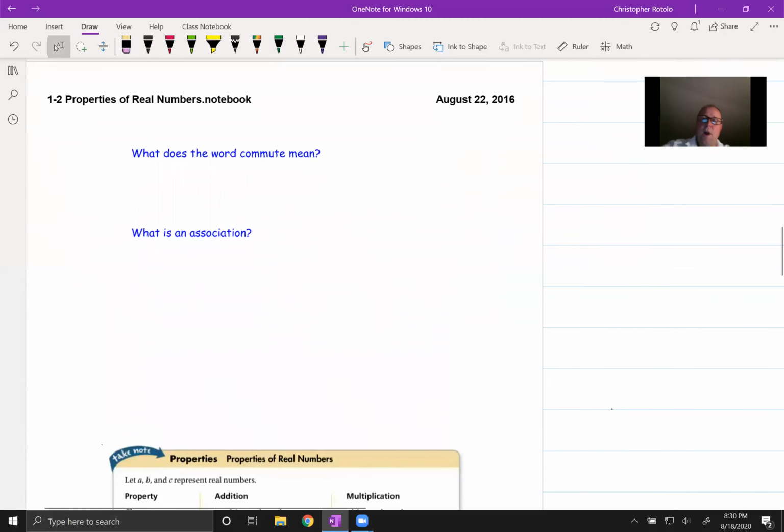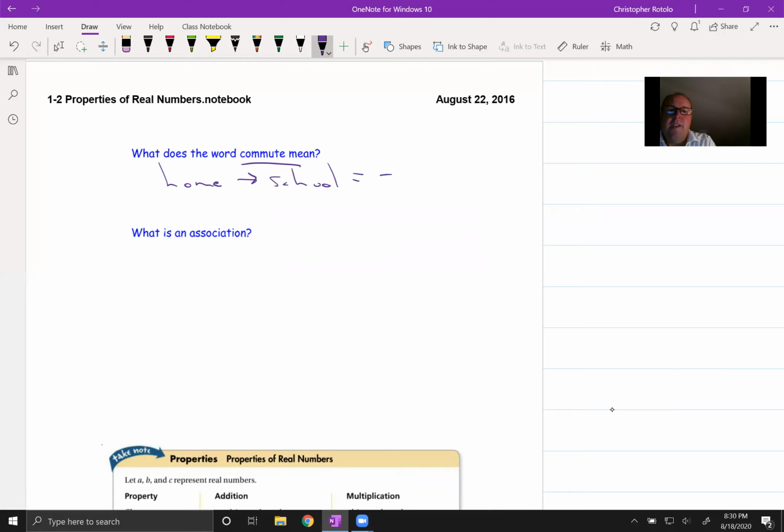All right, some of the old properties from Algebra 1 that we sometimes forget about. I'm going to give you a quick little review of how I talk about it in Algebra 1. So if you've already had me for Algebra 1, this will sound familiar. What's it mean to commute? Well, if it was your day to come to school, then that's what you did. You started at home and you went to school.